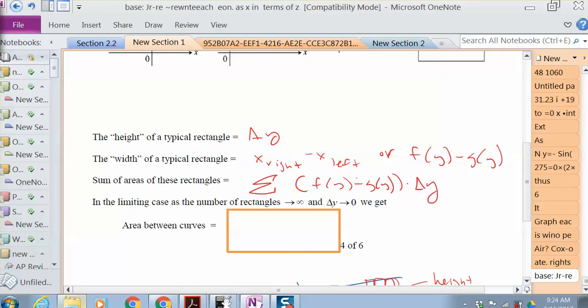Or as a definite integral, if you treat it as a limiting case of the number of rectangles being infinite and delta y going towards 0, you write it like this. So that's how you can do it.